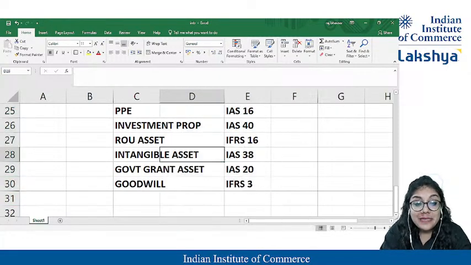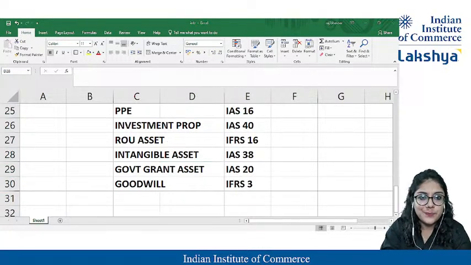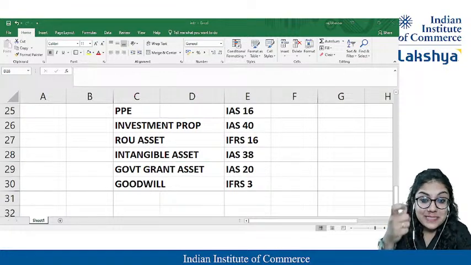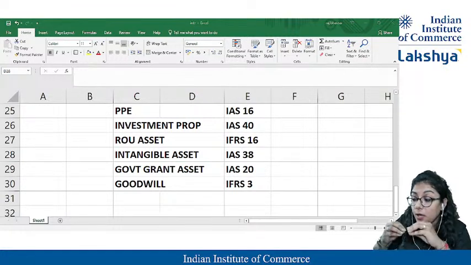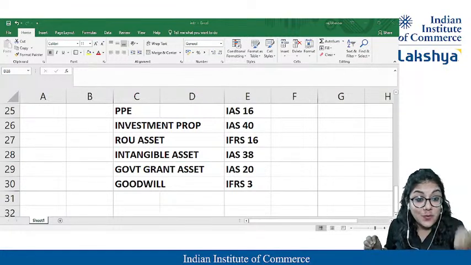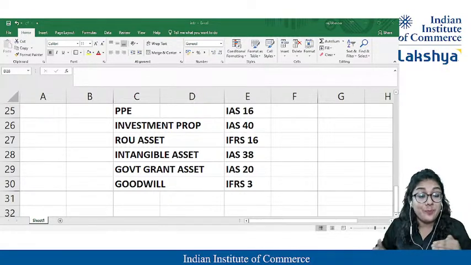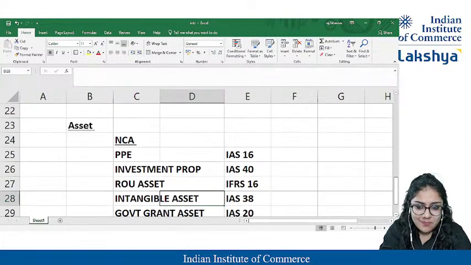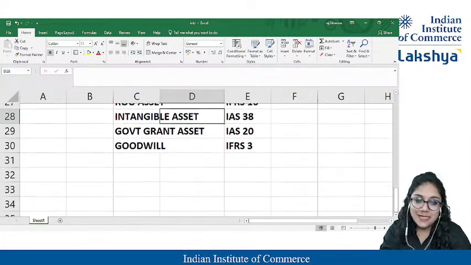Don't you think individual standards are too important for us to understand? Why so? Because an individual standard tells us the recognition criteria, the measurement criteria, how I am going to present it, and what the final disclosures are. So yes, all the standards are in the syllabus.